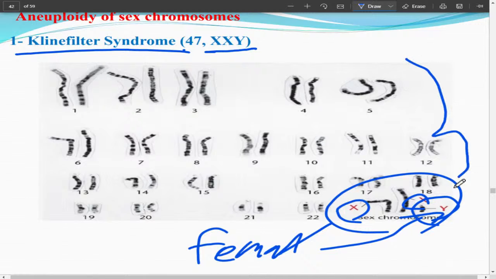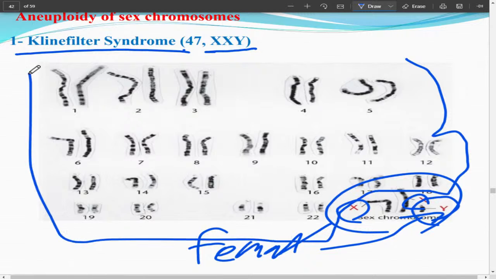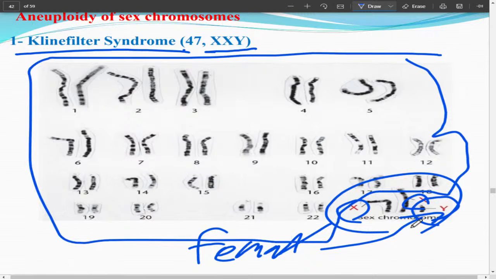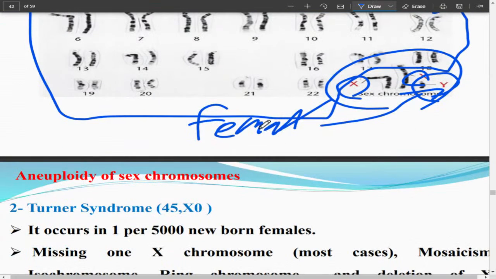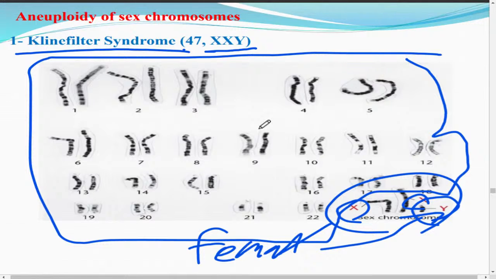Of course, the autosomal chromosomes will not be affected. 22 autosomal and the 23rd, the sex chromosome, will suffer from Klinefelter syndrome.